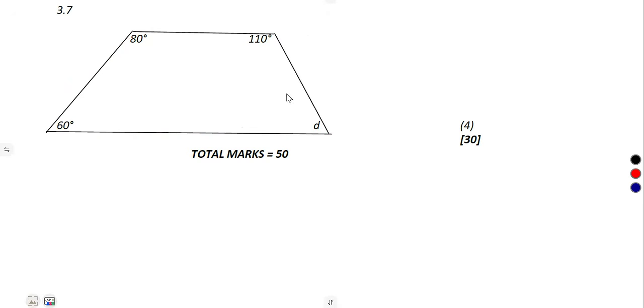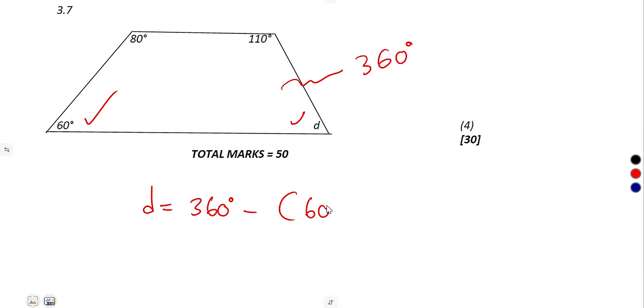As long as it is a four-sided shape, a quadrilateral, the sum of interior angles adds up to 360 degrees. So if I take this D and add it to these other angles, I'm supposed to obtain 360 degrees. So therefore, D is equal to 360 degrees minus these other angles inside: the 60 degrees, the 80 degrees, and the 110 degrees.